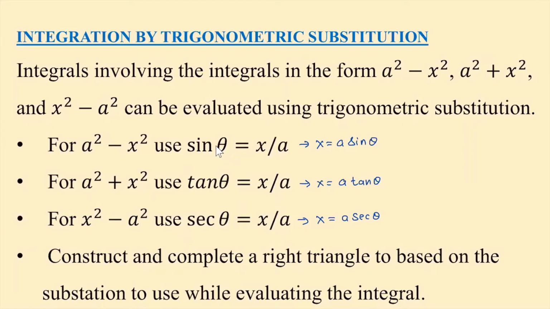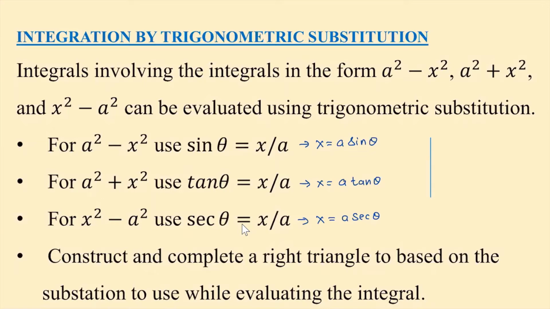Now, one thing you need to do is remember your SOHCAHTOA from your trig class, because in order to perform the integration, you'll construct and complete the right triangle based on the substitution. Whatever substitution you are making, based on that, you are constructing a right triangle.